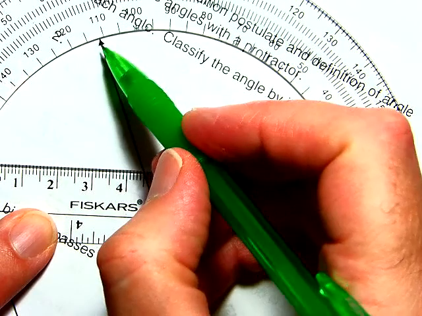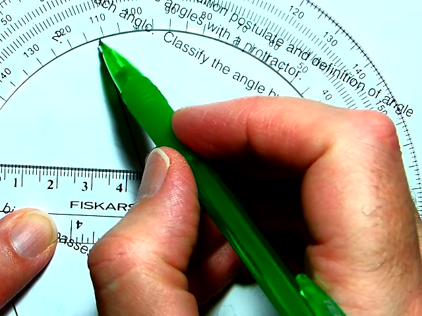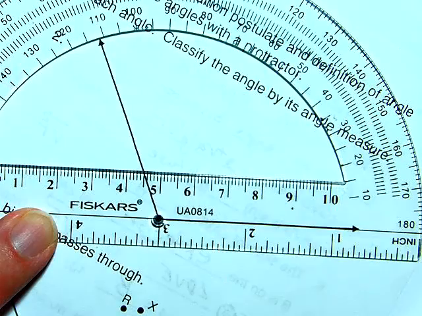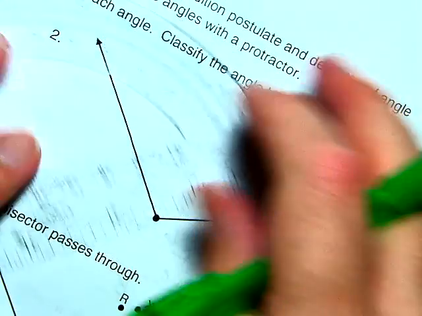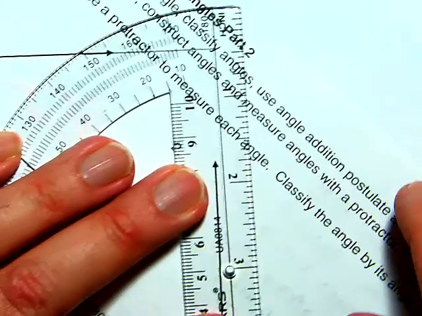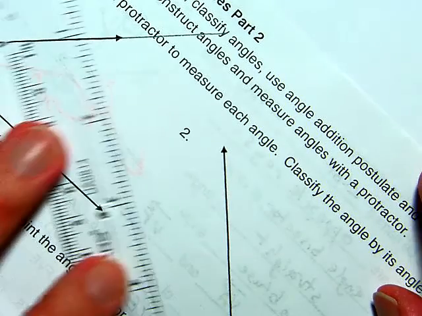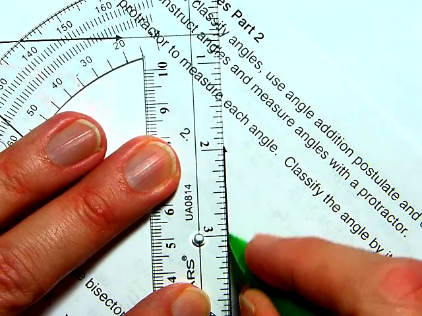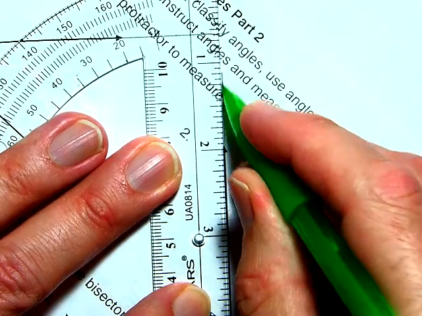And now let's look at our counterclockwise scale. Well, it looks like it's between 110 and 115 degrees. In order to find exactly how large it is, we're going to have to lengthen this line just a bit. So let's get our straight edge out, and let me just lengthen that line.